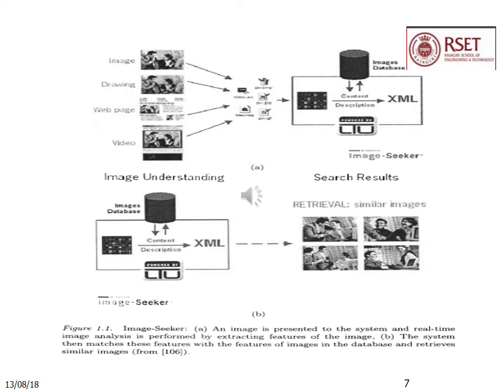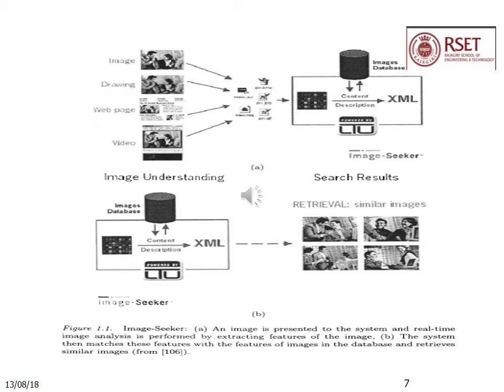Let's see one example of content-based image and video retrieval. Here you can see the different inputs, which are image, drawing, web page and video. First of all, we need to extract some features from the input information. After that, it is converted into a feature vector, and we have an image database. The image database contains a set of images.